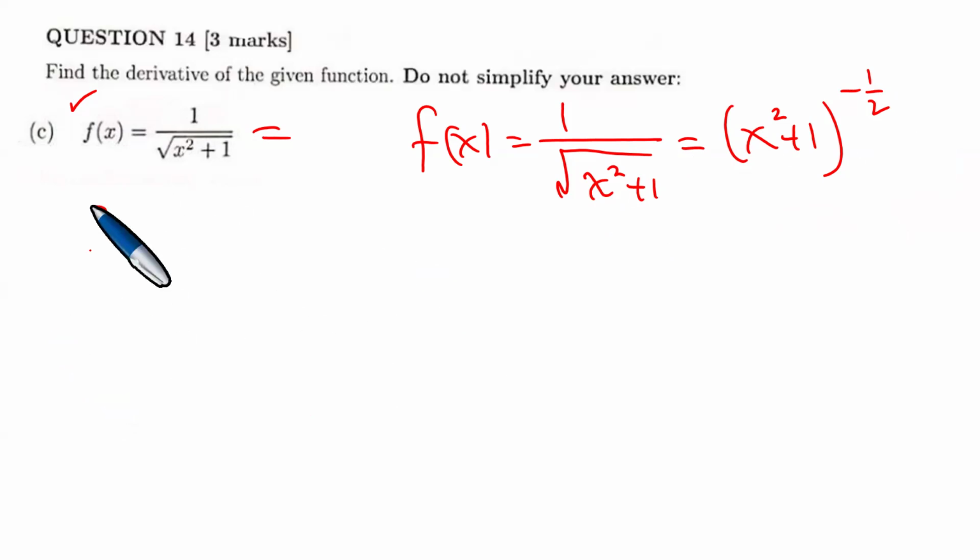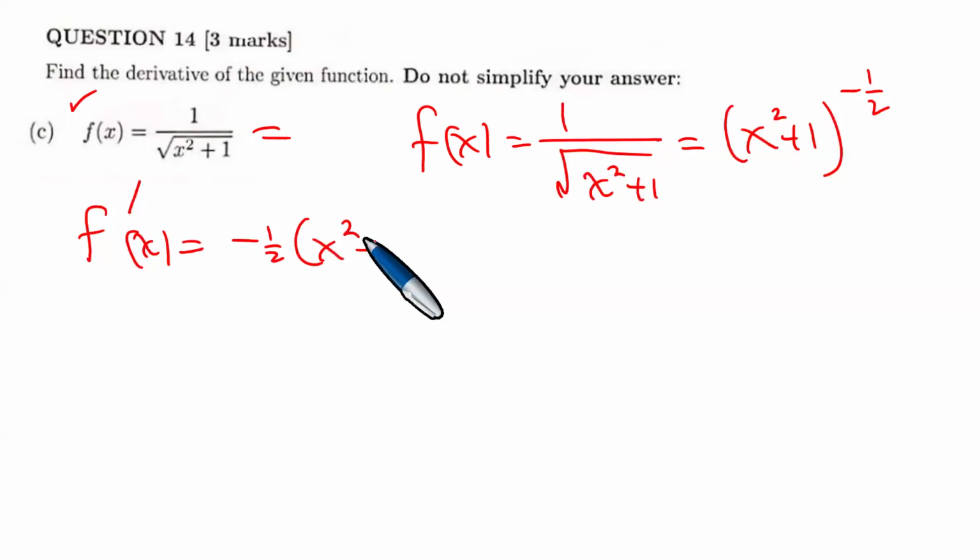So the derivative of this by the chain rule is f prime of x, which is minus 1/2 times x squared plus 1 to the minus 3 over 2. The derivative of that is 2x.